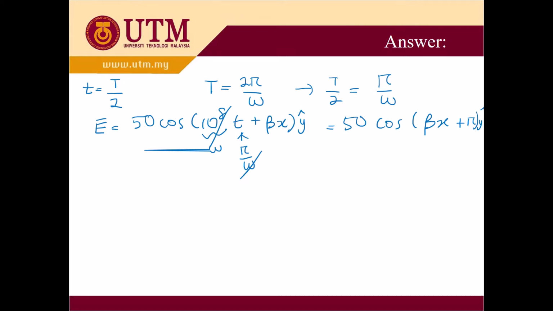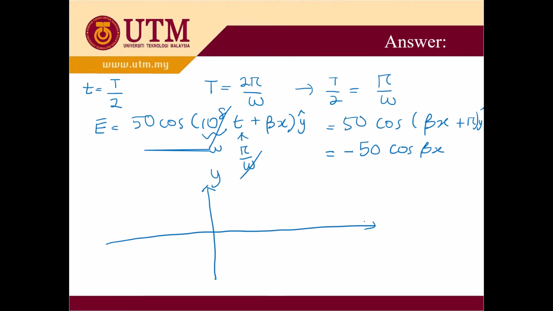When we have plus pi, we can simplify into E equal to negative 50 cos(beta x), because of the plus pi. To sketch, this is y, this is x, and then it's going down first before it goes up.